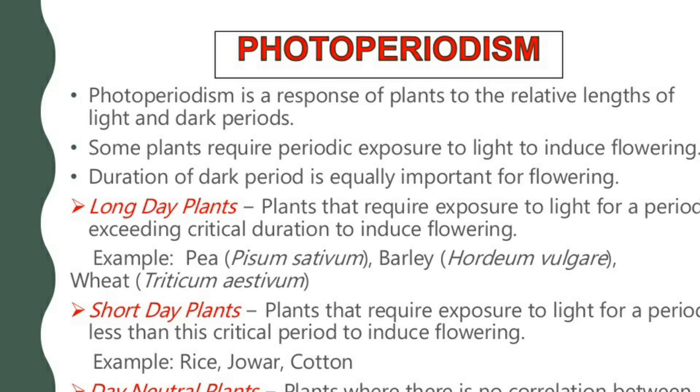Example, pea, barley, wheat. Short day plants: plants that require exposure to light for a period less than this critical period to induce flowering. Example, rice, jowar, cotton. And day neutral plants: plants where there is no correlation between flowering and photoperiod.